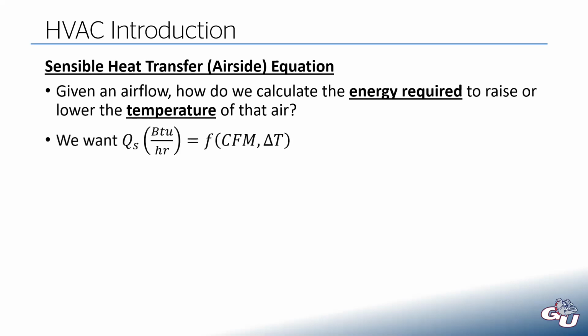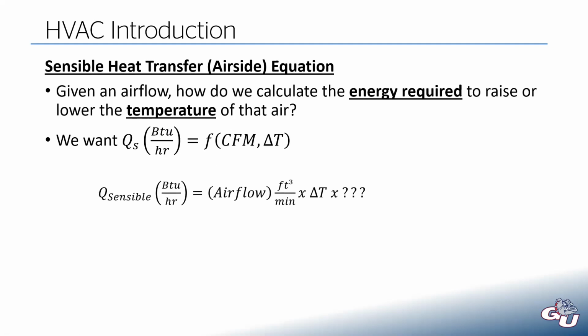So we want our Q sub S, meaning sensible, in units of BTU per hour. We want that as a function of CFM, which is our airflow, and our change in air temperature.